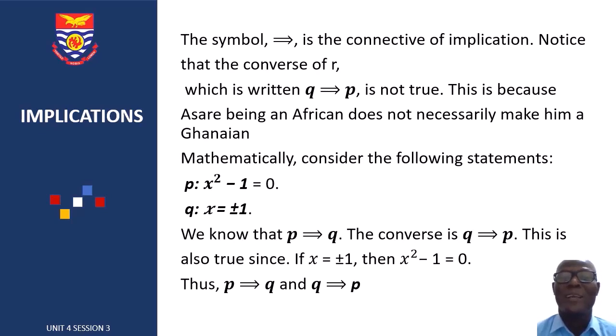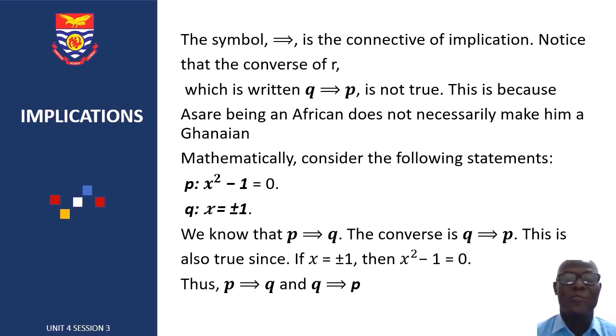Mathematically, let's consider these two statements. Statement P, x squared minus 1 is equal to 0, and statement Q, x is equal to plus or minus 1. If P implies Q, then P is true when x is -1 or +1.